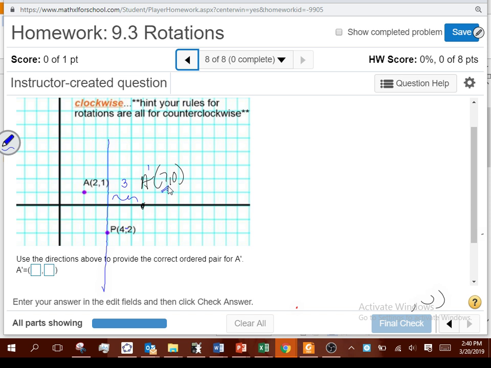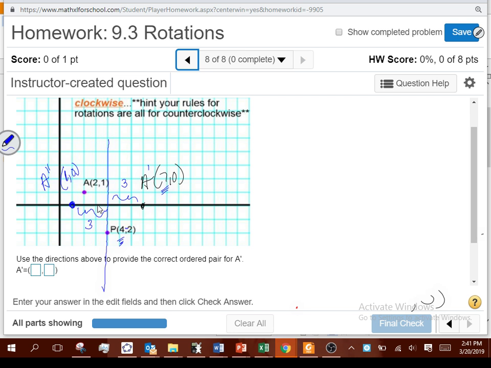You take that 7 and that 4 and subtract and get that distance, right? Subtract that distance one more time from 4, and 4 minus 3 gives me 1, and that's going to give me the x value for that point, A double prime.